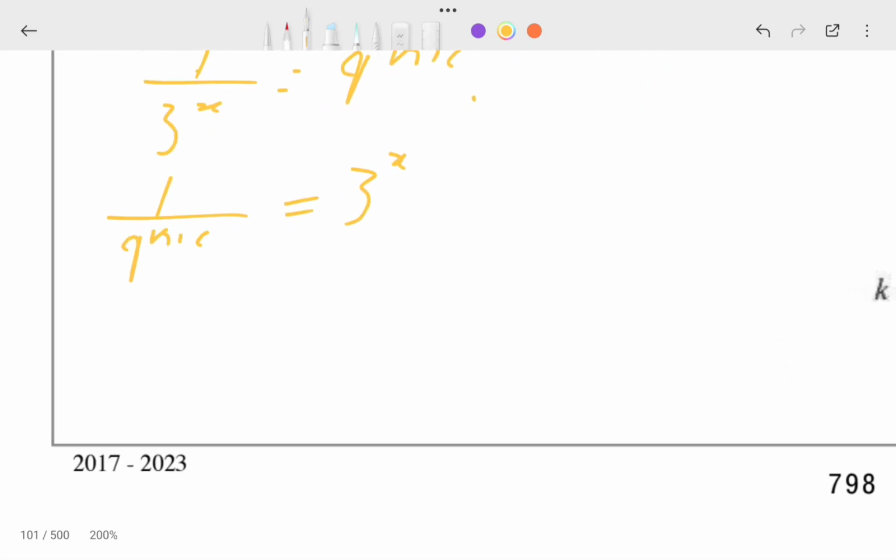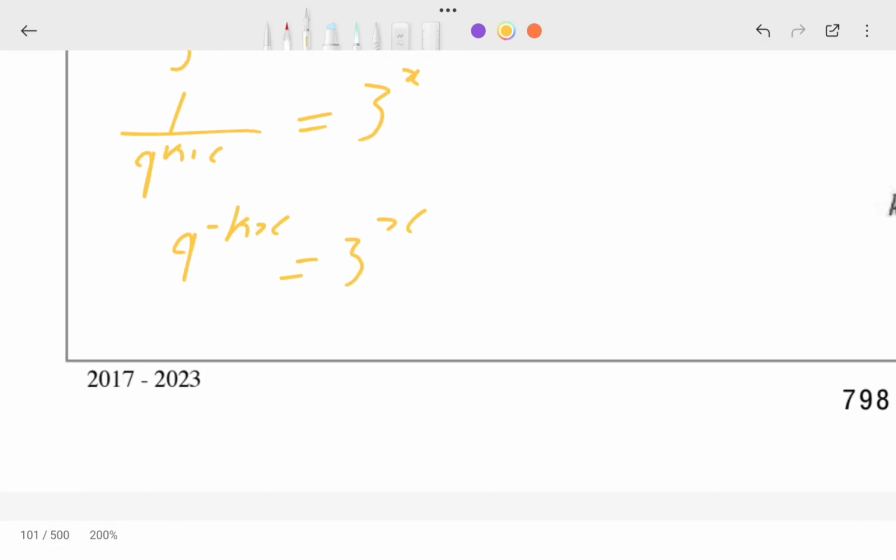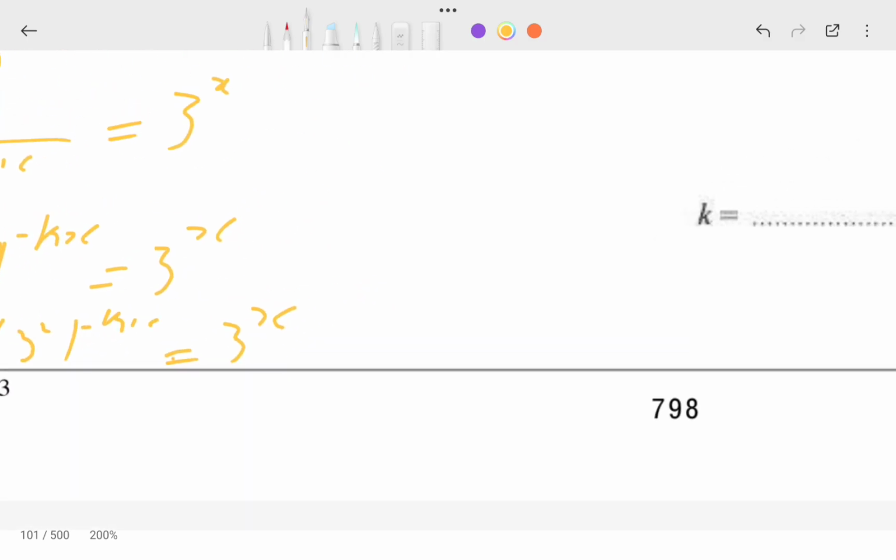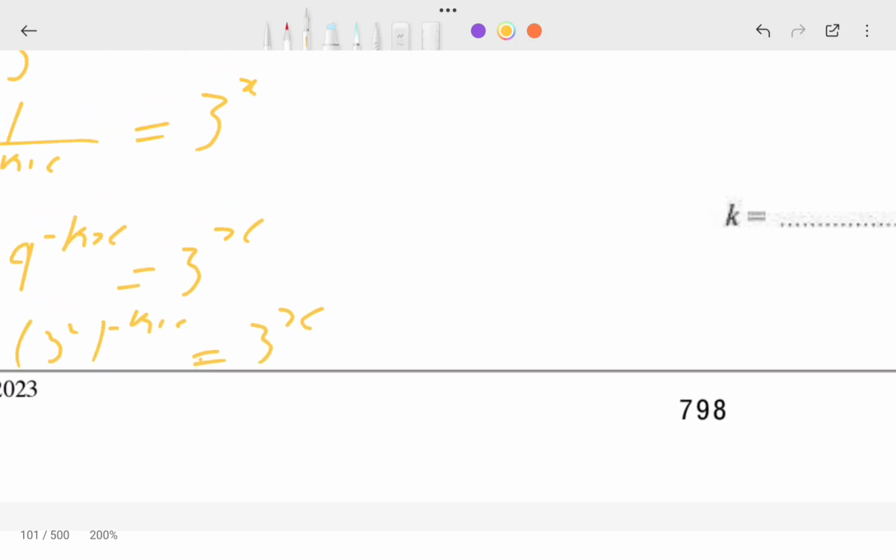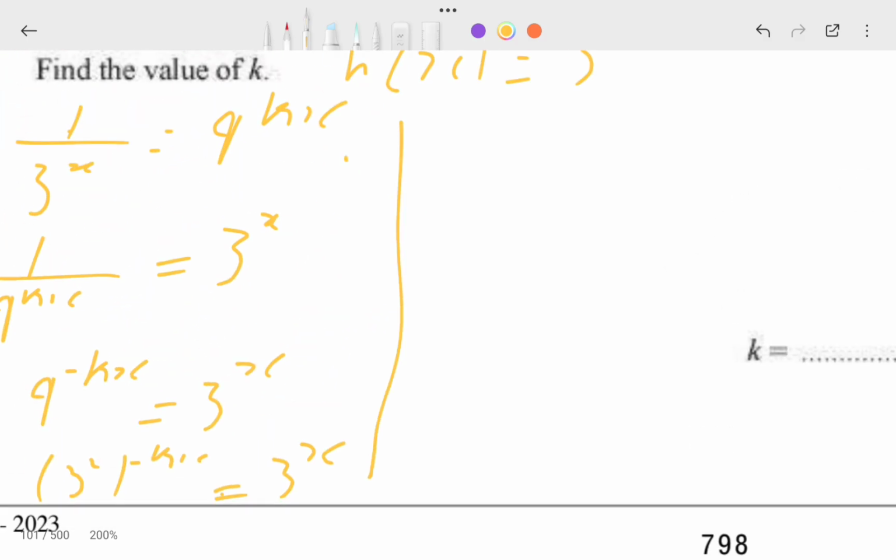Now we will take the reciprocal, so this will become 9 to the power minus kx is equal to 3 to the power x, and 9 is 3 squared, so 3 to the power 2 times minus kx is equal to 3 to the power x. Now let's simplify this, so 3 to the power minus 2kx is equal to 3 to the power x.